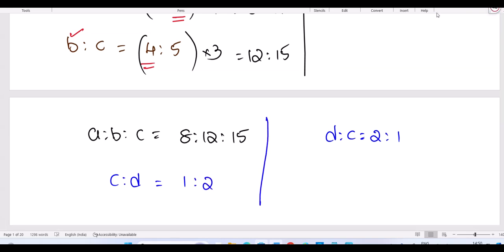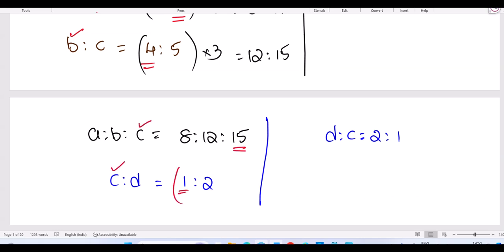If it is two variables, the inverse ratio is just swapping their values. But for three, we should not do that, as we discussed in the previous class. Inverse ratio means, for 2:1, taking 1 by 2 and 1 by 1. Then it is 1 by D, 1 by C, so it becomes C is to D, 1:2. Now C is there in both, but the values are different.